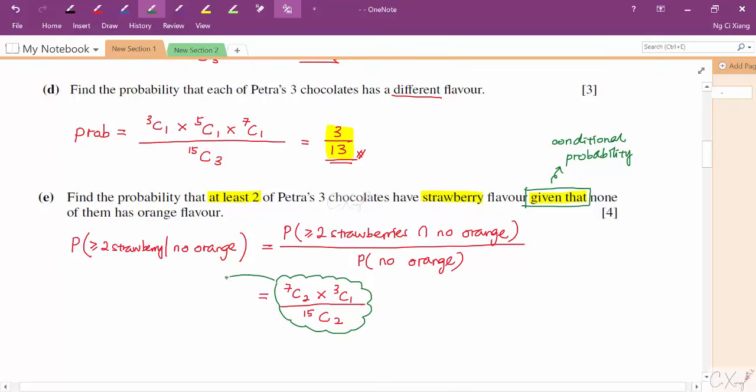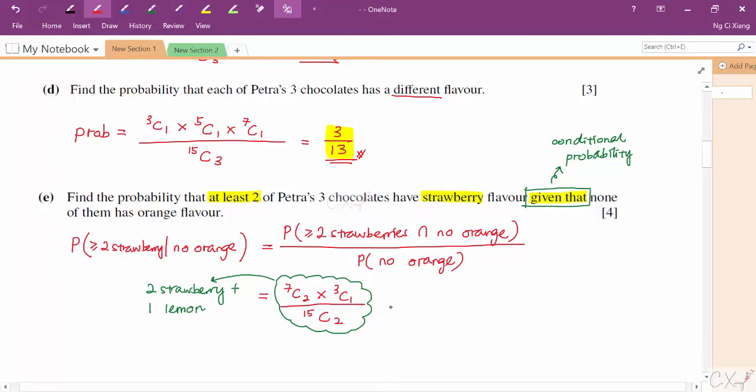This is the case where we have 2 strawberries with 1 lemon. So this result fulfills what you have on top here.